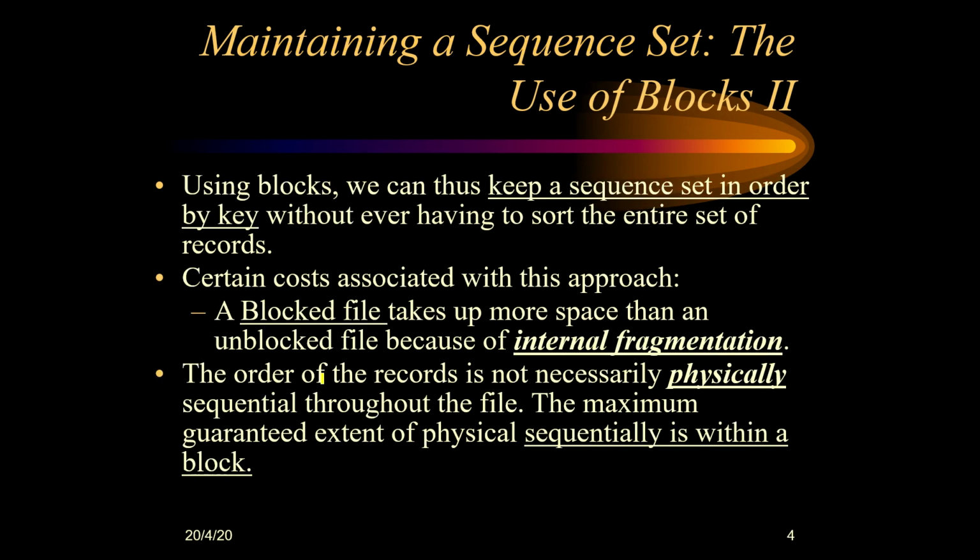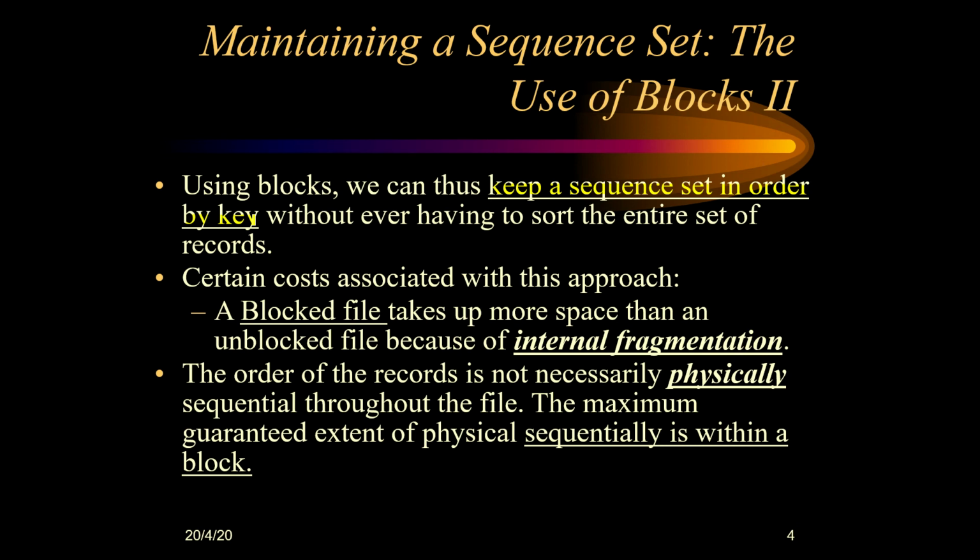Next, let us see the other concepts we need to keep in mind when we include blocks. When using blocks we must always keep the sequence set in order by key. Even though the records are not represented as individual records but within a block, we have to maintain the order.